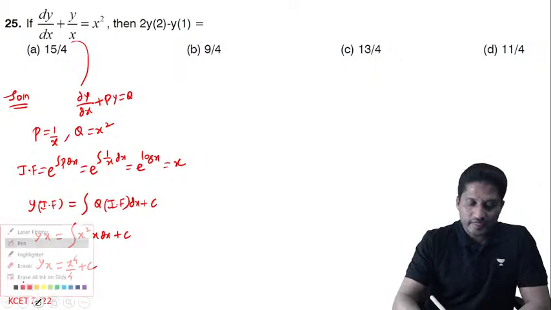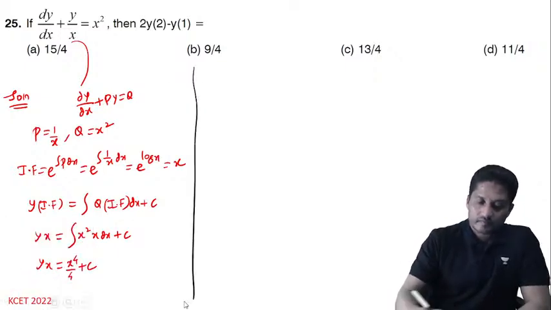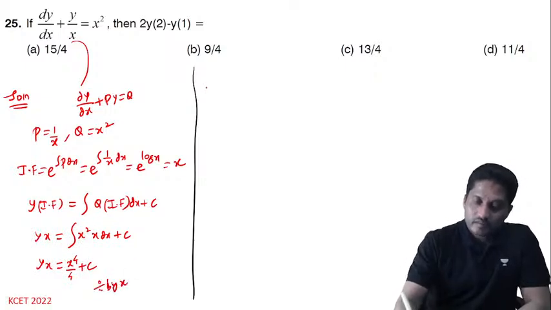If I divide throughout by x, you will get y is equal to x cube by 4 plus c by x.